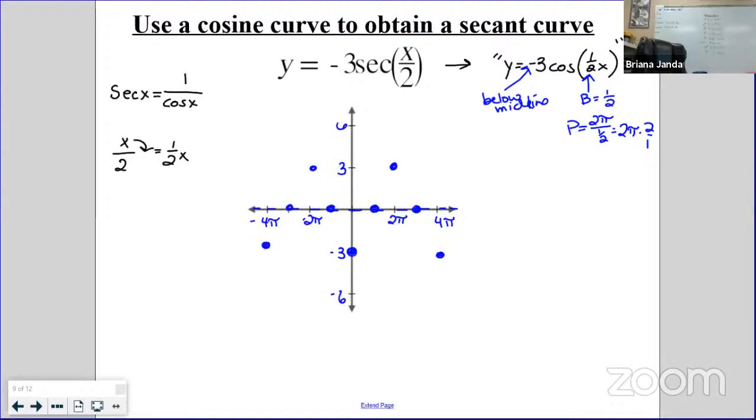And now we switch gears to drawing a secant graph instead of a cosine. Asymptotes are all of the dots that are on the midline. Parabolas at all of the dots that are not on our midline.